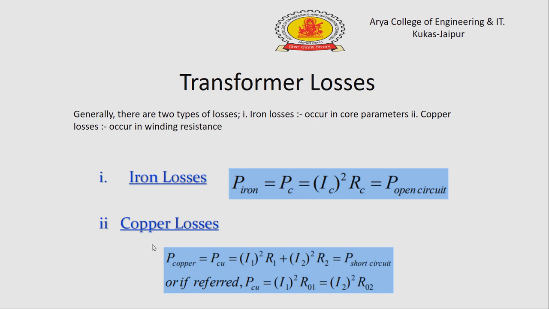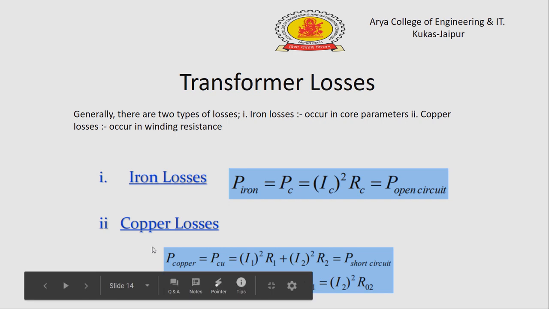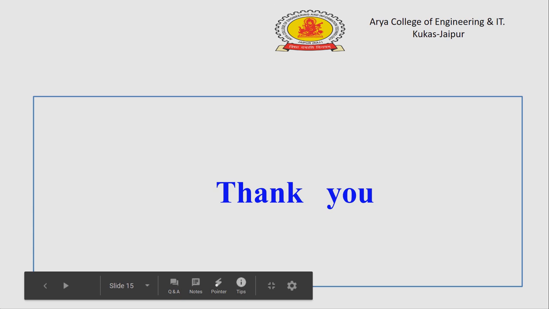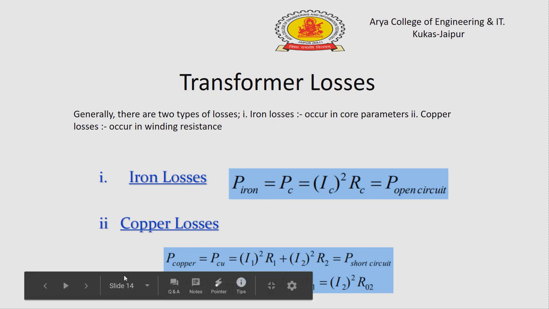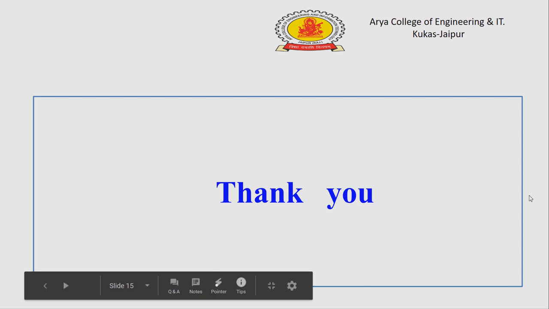For copper losses, the formula is P copper equal to PCU equal to I1 square into R1 plus I2 square into R2. Or if referred, PCU equal to I1 square R01 equal to I2 square R02 for both winding resistances. Thank you.